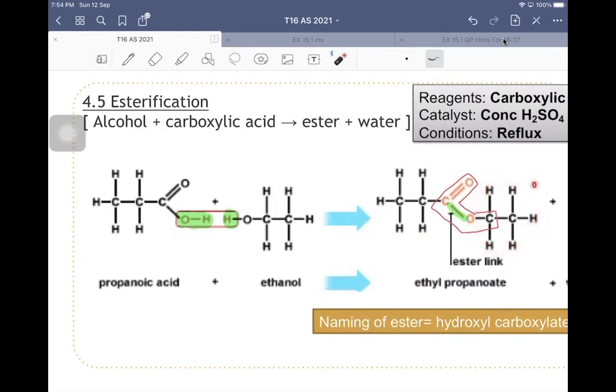The alcohol side will have the name alkyl, and the carboxylic acid side, which we call the carboxylate, will have the second name. When it comes to naming, we look at the alcohol side first. We have 2 carbons here, so it is called ethyl.